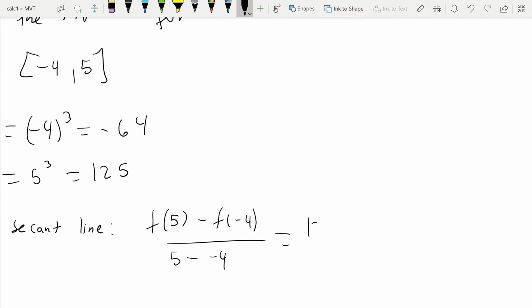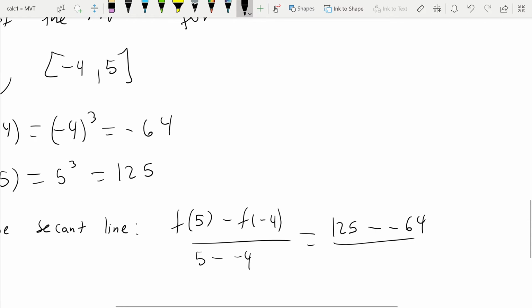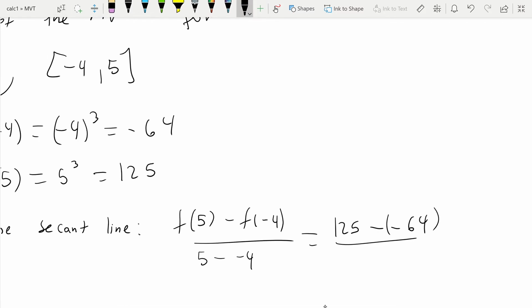So this is equal to 125 minus -64, divided by 5 minus -4, which is 9.